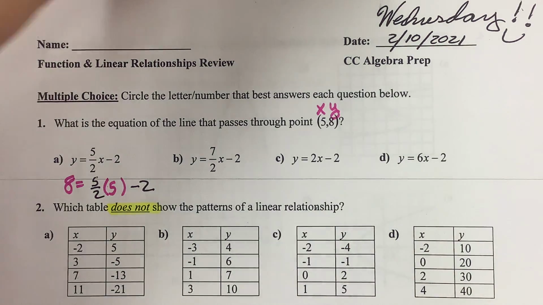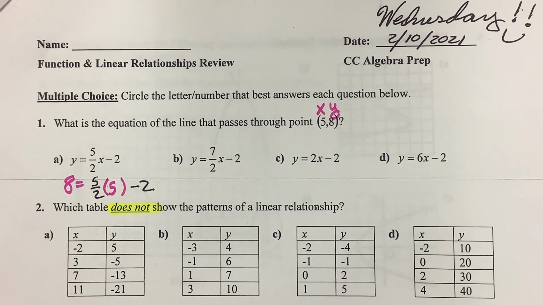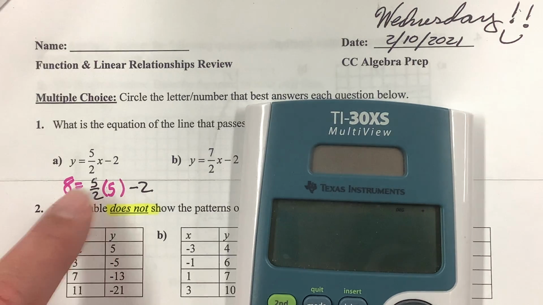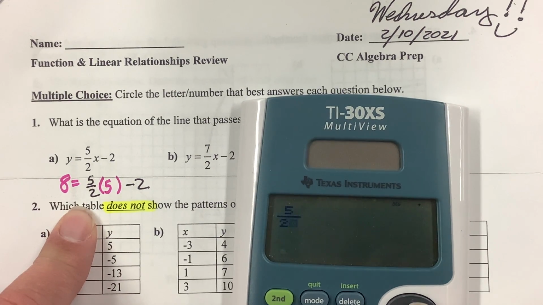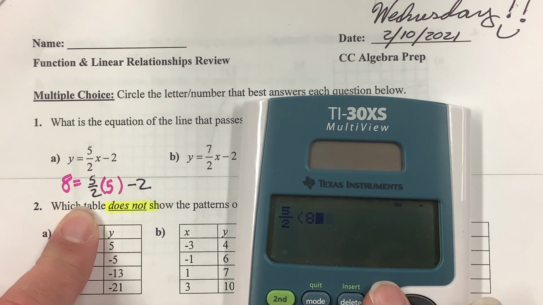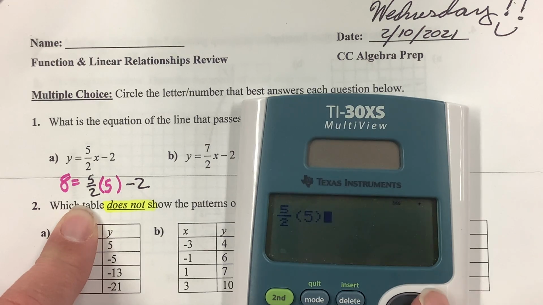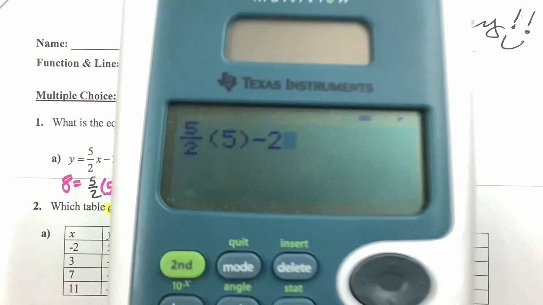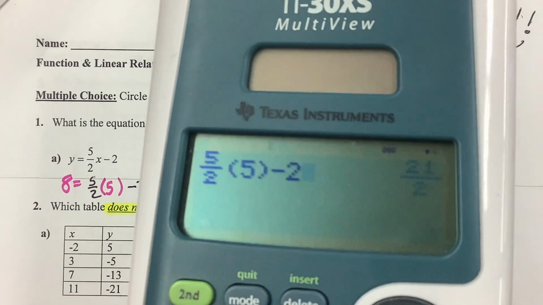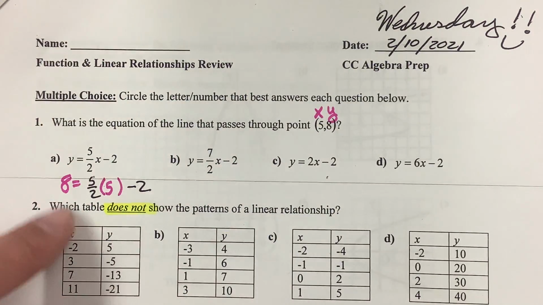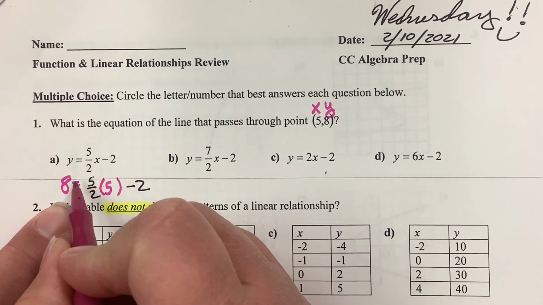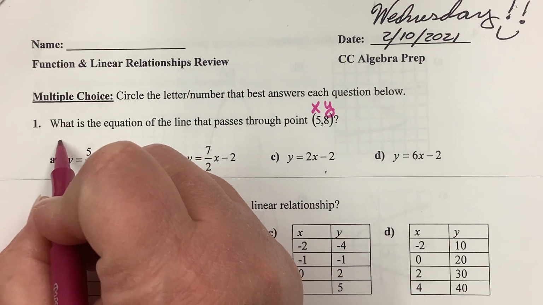I could do this part on the calculator. 5 over 2 times 5 minus 2 has to equal 8, which it totally does not. It equals 10.5. These are not equal. So this is not the equation.